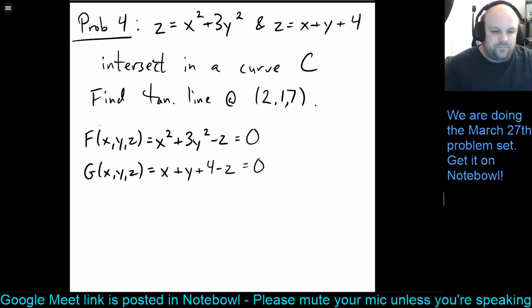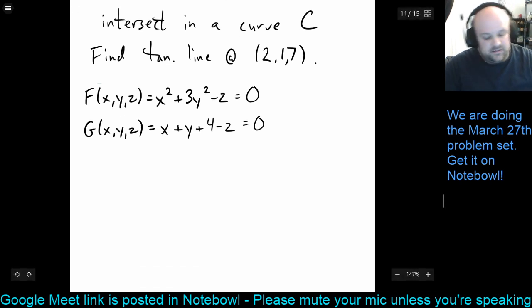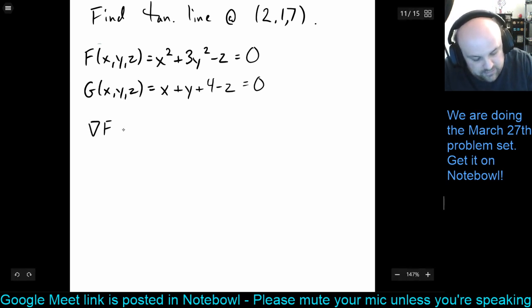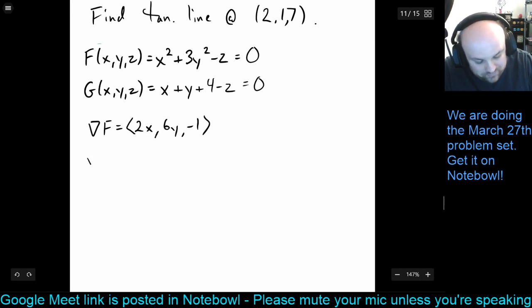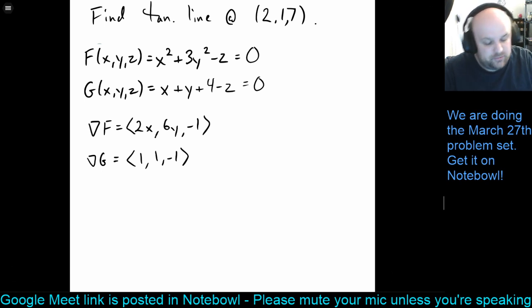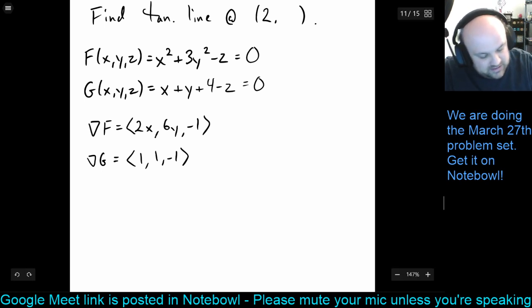Right. So take your gradients. Gradient of f is (2x, 6y, negative 1). Gradient of g is (1, 1, negative 1). And now we want to evaluate them at (2, 1, 7). Let me make that look less like 17.